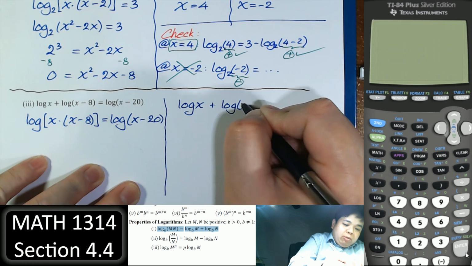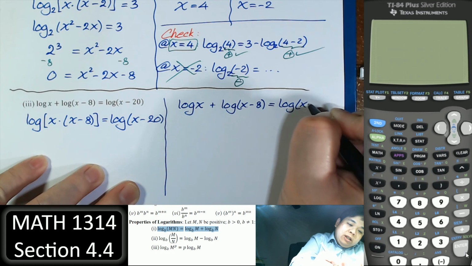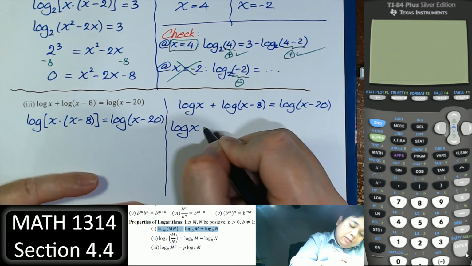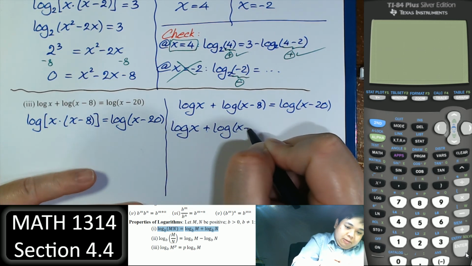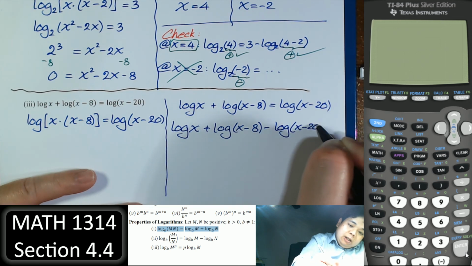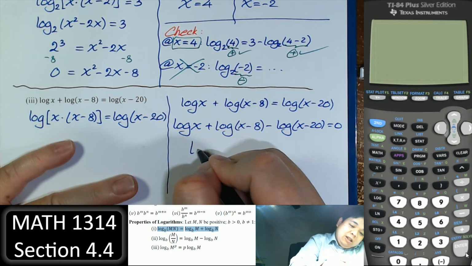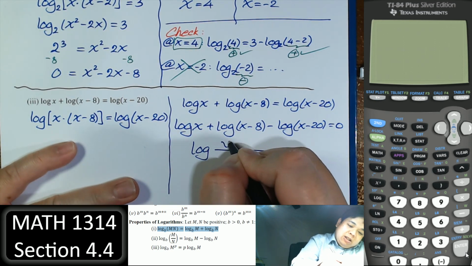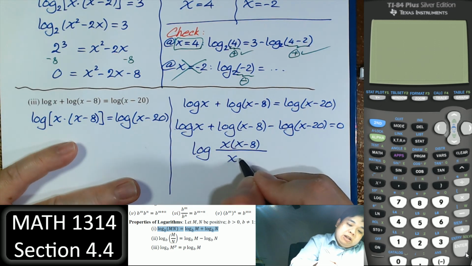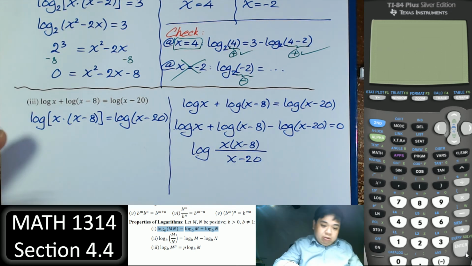So even though that works and all, we can always move everything to one side. So just subtract that. In that case that will equal 0. Now we combine all these logs. We have log x on the top, x minus 8 on the top because they are positive. The negative will be at the bottom. Right? Now equal to 0.